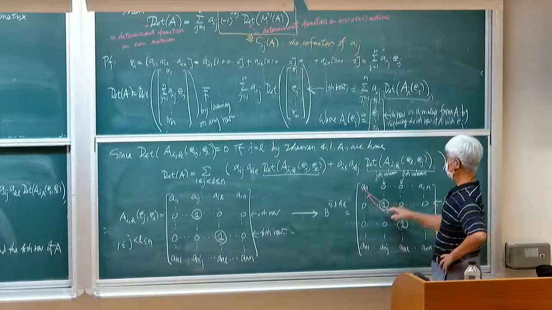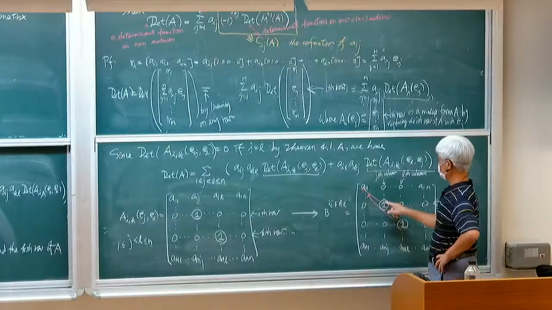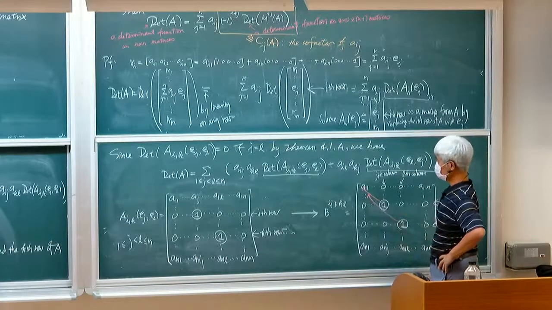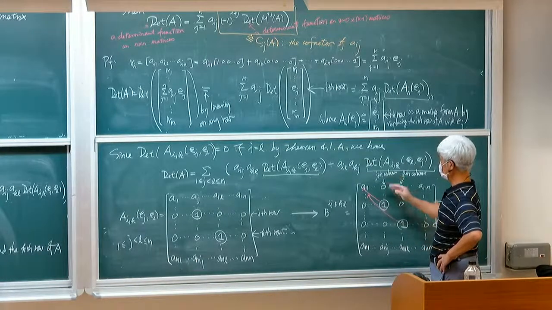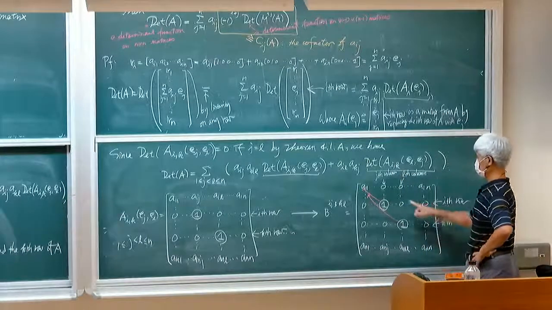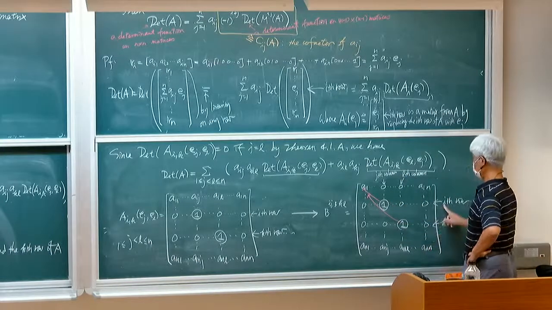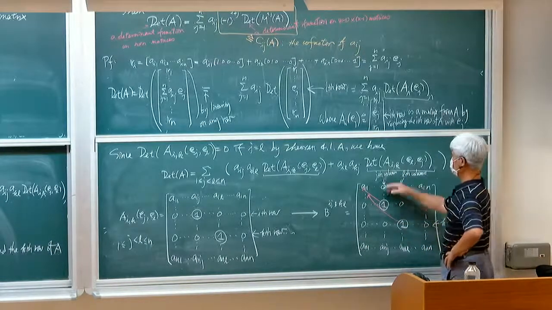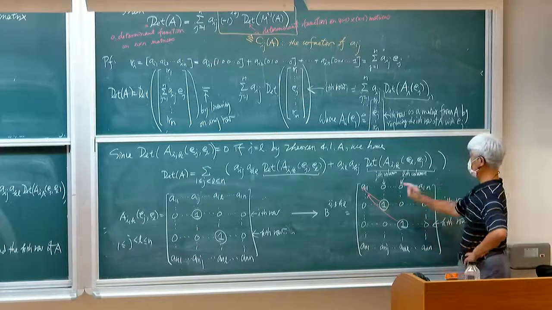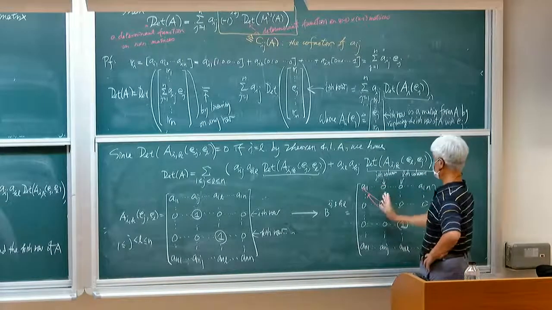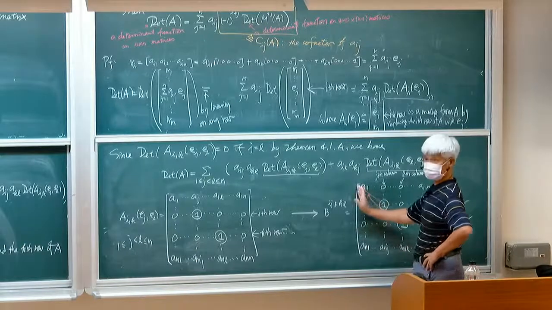Now, for this one, how many row exchanges do we need? It's i minus 1. Okay? And so i minus 1 row exchanges and j minus 1 column exchanges there.